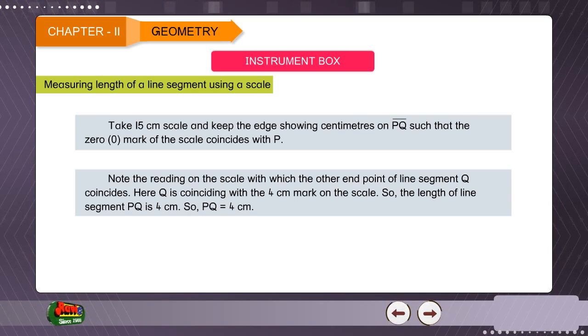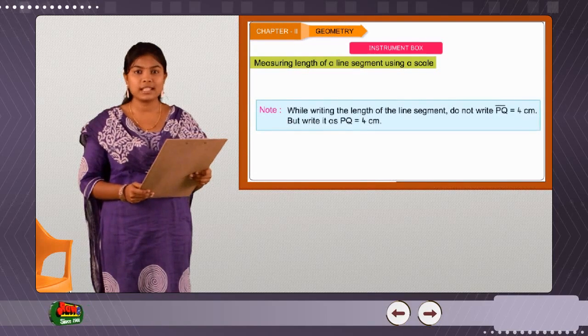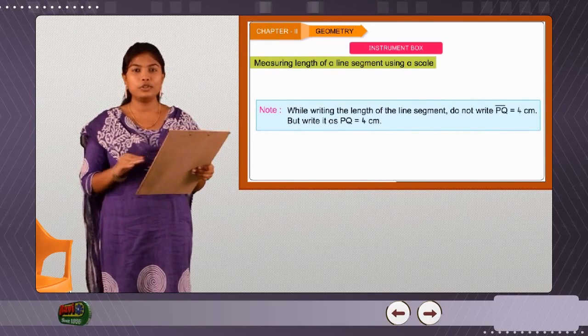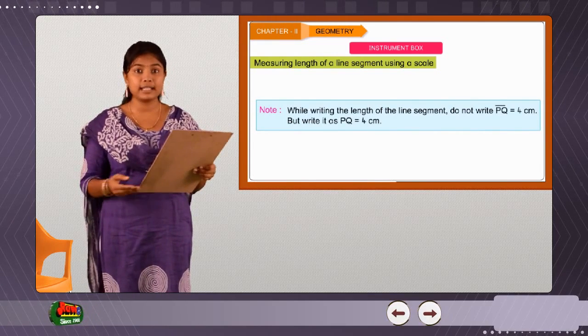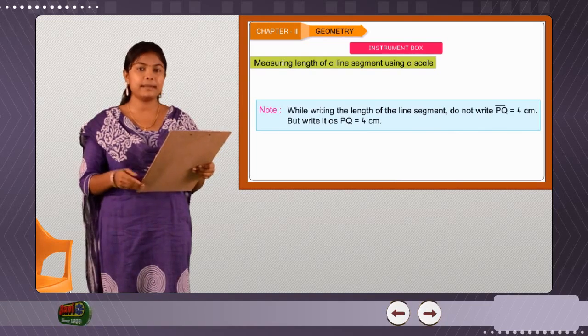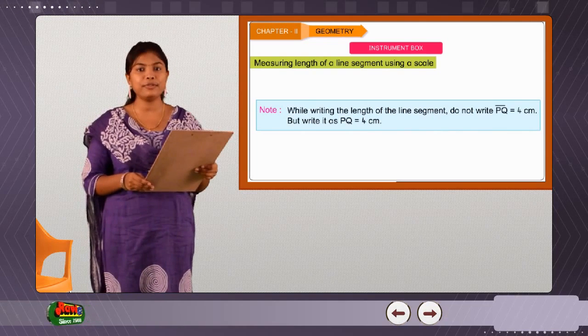So, the length of line segment PQ is 4 cm. Note: while writing the length of the line segment, do not write PQ bar is equal to 4 cm, but write it as PQ is equal to 4 cm.